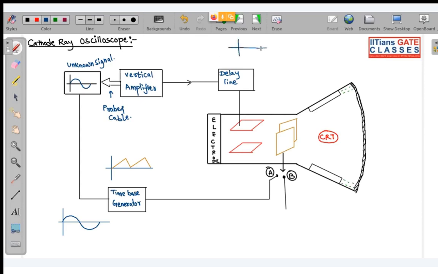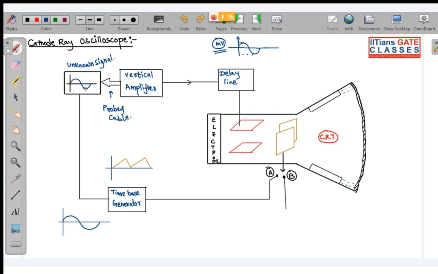The unknown signal that we have, sometimes what happens if I am measuring a voltage, it might be in the millivolt region. So do you think if this vertical amplifier is not present, is this millivolt value of signal capable of bending the electron?